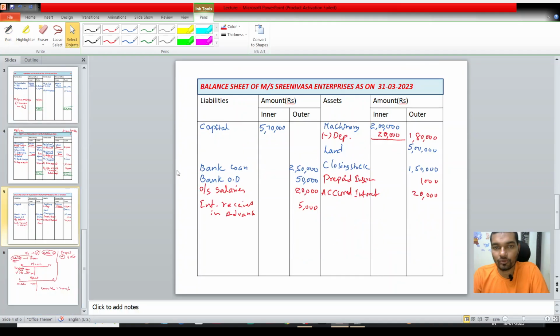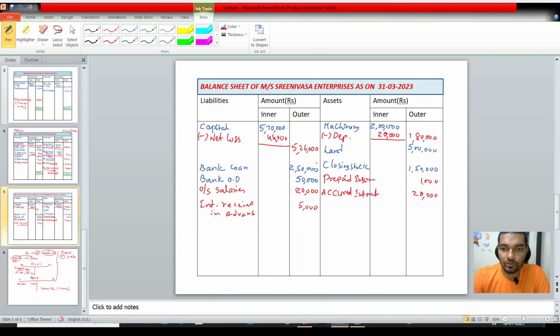So what we need to do, whenever a net loss comes we need to subtract it: minus net loss of 44,000. So from the capital value of 5,70,000 minus 44,000, the final amount is 5,26,000.